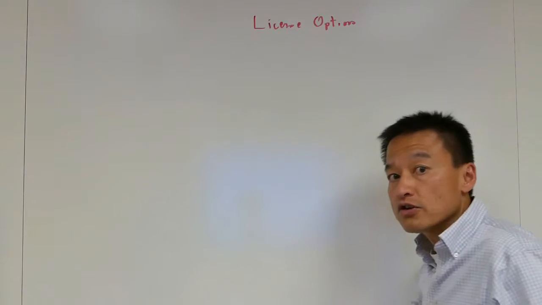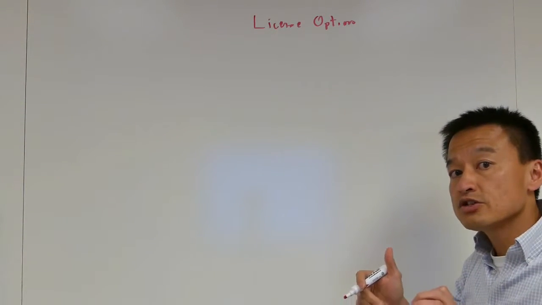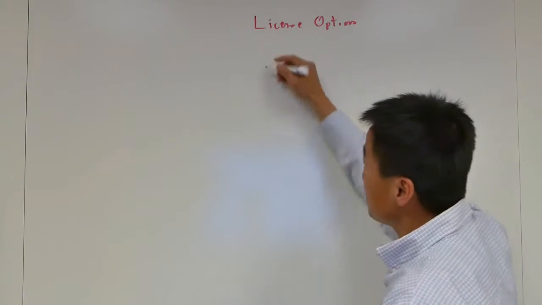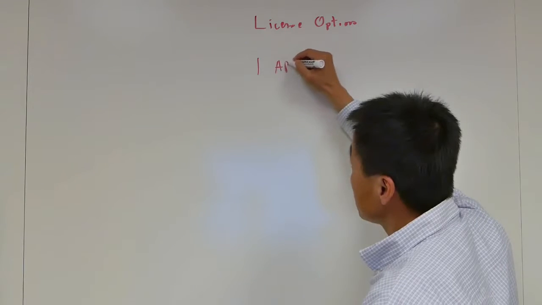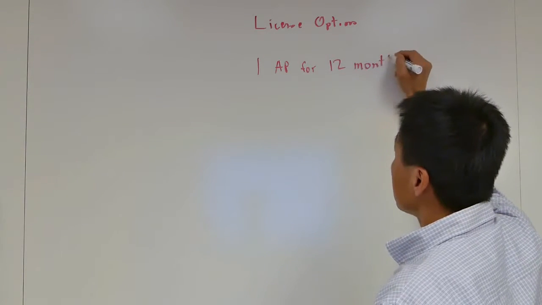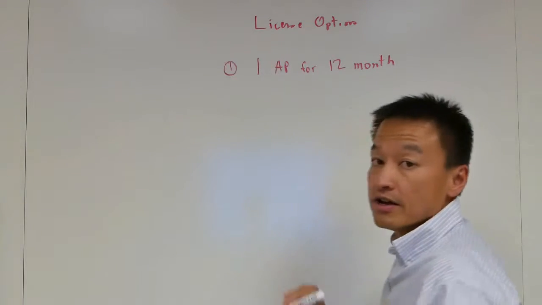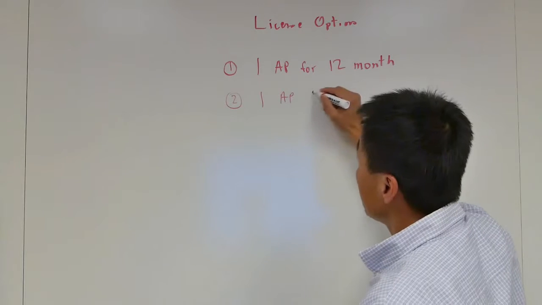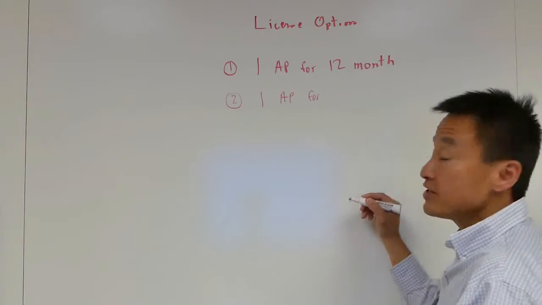Okay, we offer 6 different SKUs that the customer can purchase. The first one gives you a capability to manage one AP for 12 months. The second SKU gives you one AP for 3 years or 36 months.